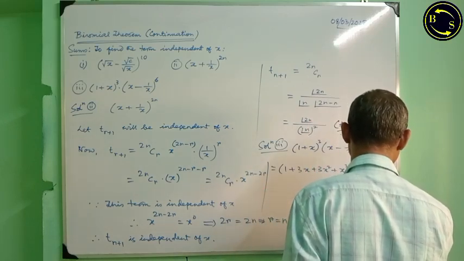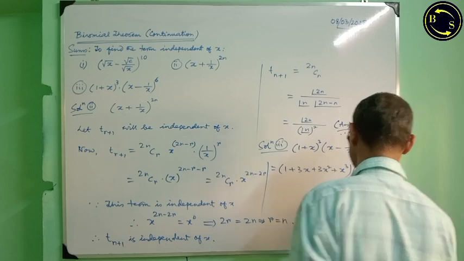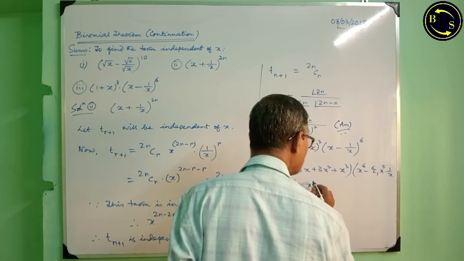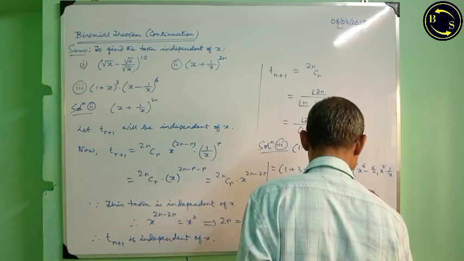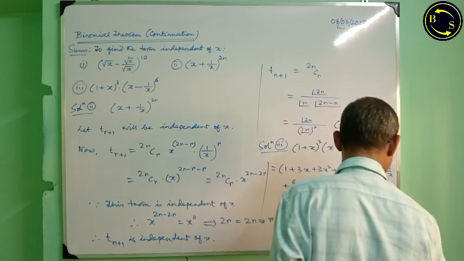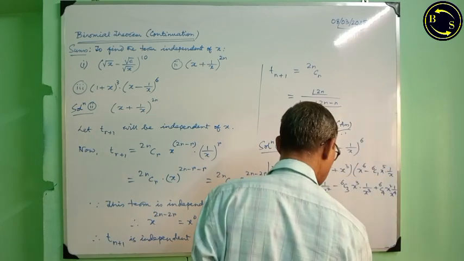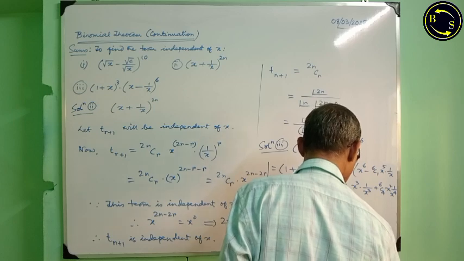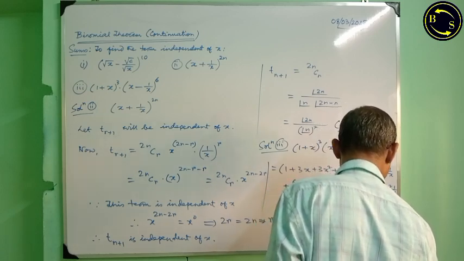Minus 6C1 x to the power 5 into 1 by x, plus 6C2 x to the power 4 into 1 by x square, minus 6C3 x cube into 1 by x cube, plus 6C4 x square into 1 by x to the power 4, minus 6C5 into x into 1 by x to the power 5, plus 6C6 means 1 by x to the power 6.